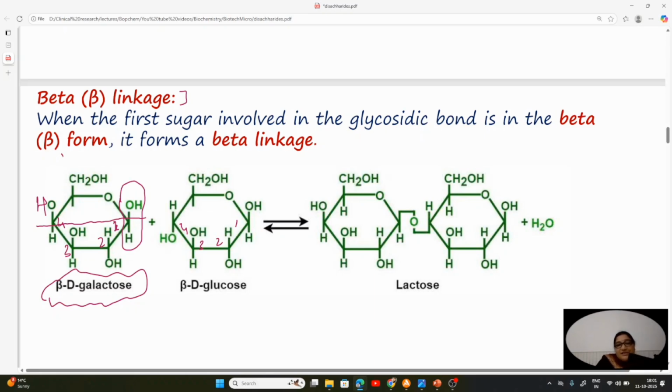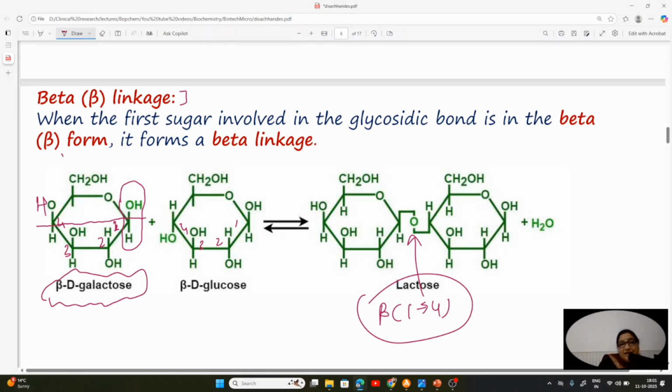And when these two molecules condense, water is being eliminated and the bond formed is beta 1,4 glycosidic linkage. So this is how we depict the beta linkage. So the catch is of only the first sugar involved.